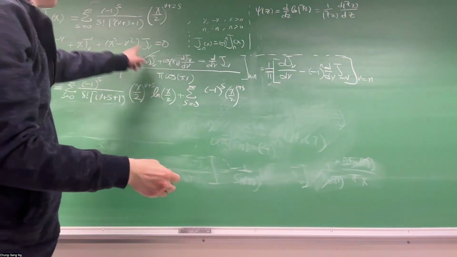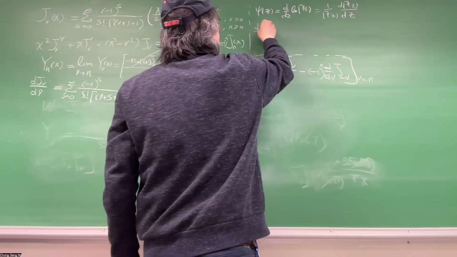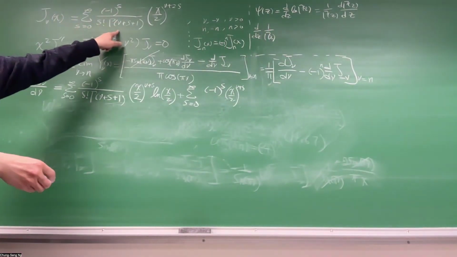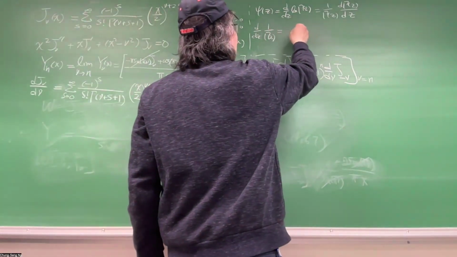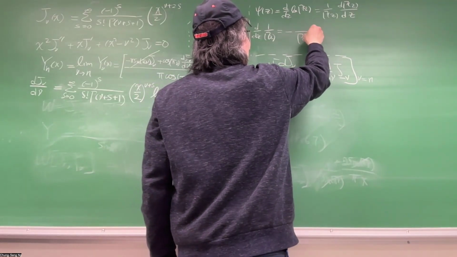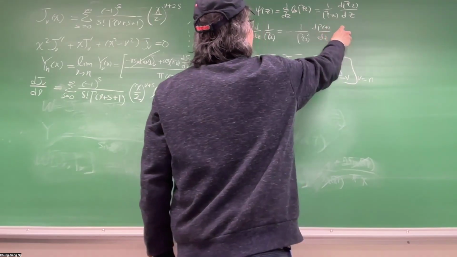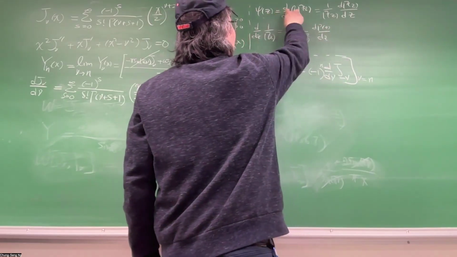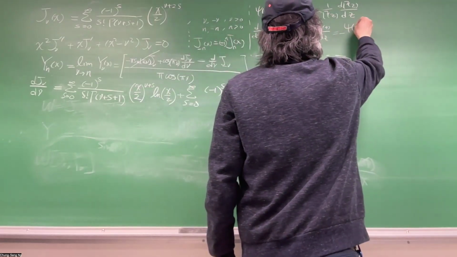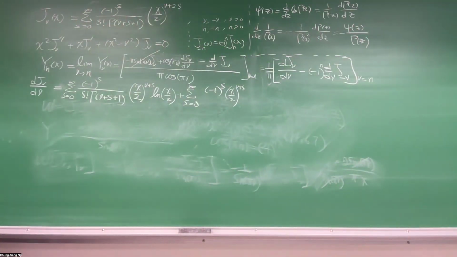So now we need d/dz of 1 over gamma z, right? Because this is in the denominator, so that is minus 1 over gamma squared, d gamma/dz. And d gamma/dz is psi multiplied by gamma z. It's minus psi over gamma z. Okay.